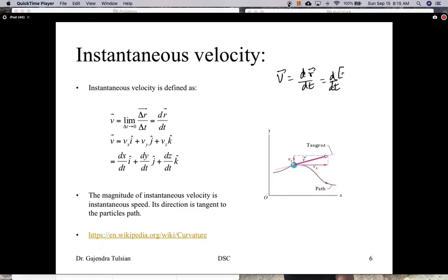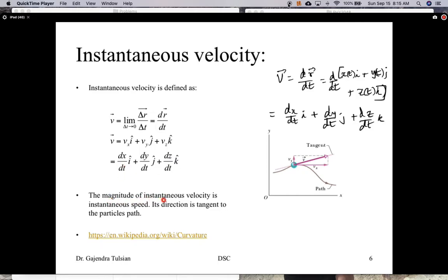And so this would be dx by dt i plus dy by dt j plus dz by dt k. This would be the x component of the velocity, this would be the y component, and this would be the z component.